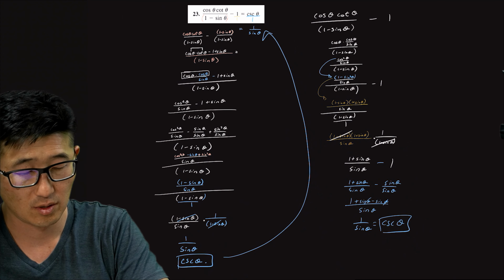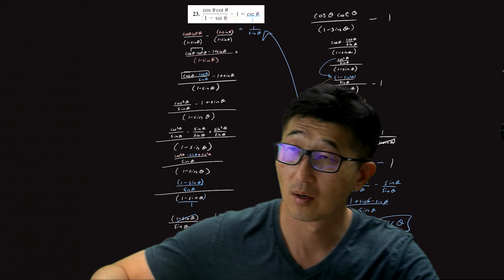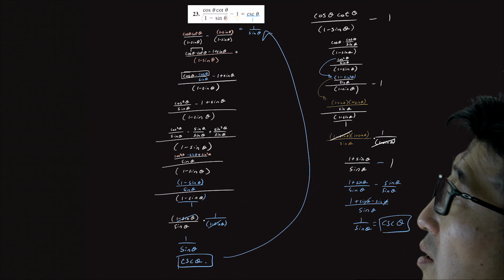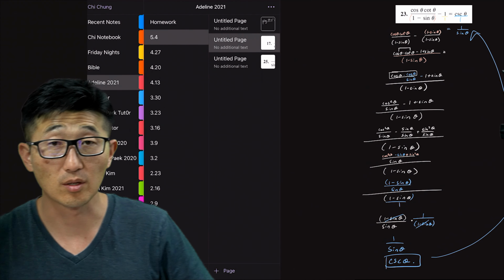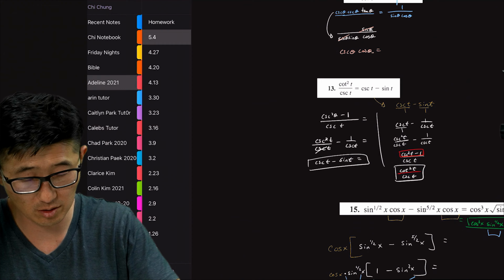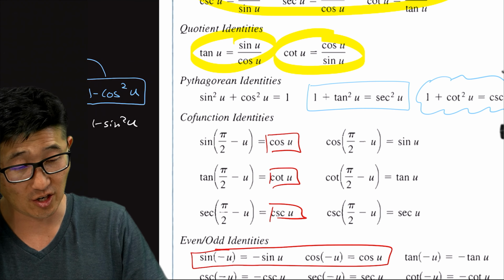So can we do 27 maybe? Okay. I don't know why, the pi over 2 confuses me kind of. So remember, do you recognize that that's the cofunction thingy on that chart?